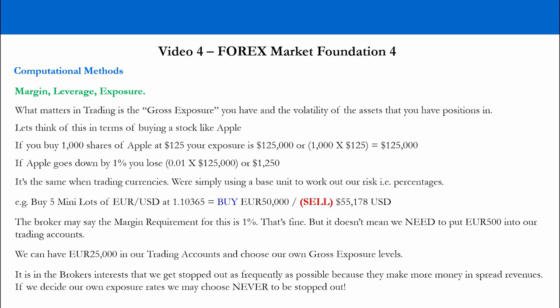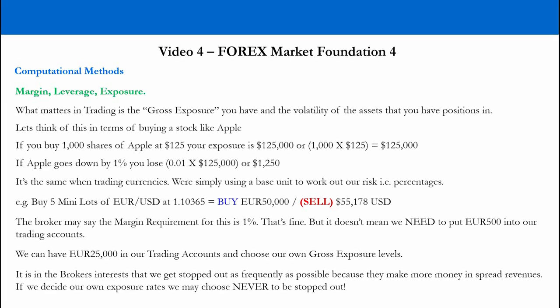Doing that will put you in a far stronger position because you'll be able to take positions knowing with full confidence that you will never ever be stopped out. So it's pretty important to understand these basic computational methods of margin, leverage, exposure, and what risk really is. Risk isn't how much you can borrow. Risk is the exposure that you've got, so your gross exposure.